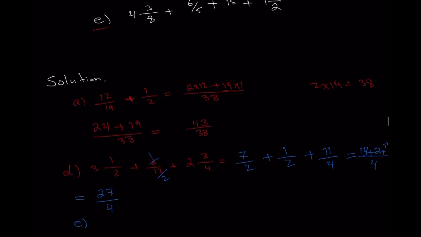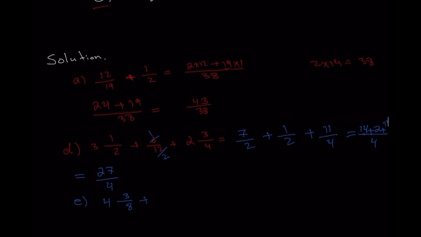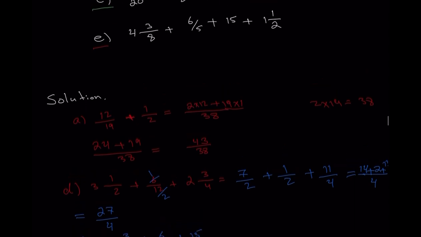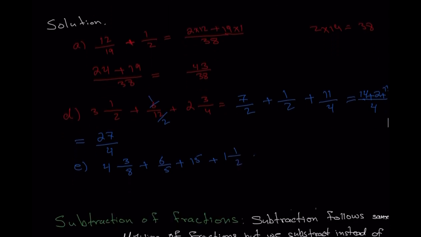E is 4 as a whole number, 3 over 8, plus 6 over 5, plus just a whole number, 15, plus 1 over 2. To solve this, see if we can reduce any of these fractions.